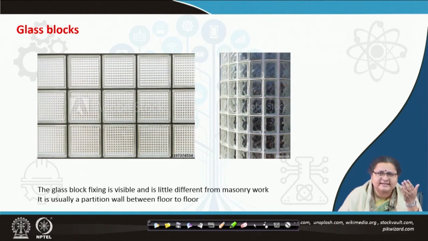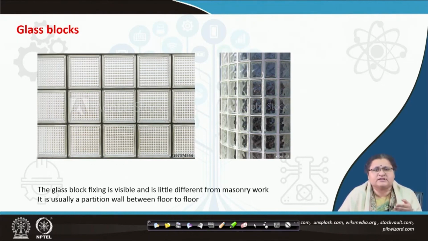That means you can see some image on the other side, but you cannot make out what is there, or it is not giving you a transparency. It is a kind of translucent view which is obscured. The glass block fixing is visible and is a little different from the masonry work. Why? That is why I am bringing this fixing detail.